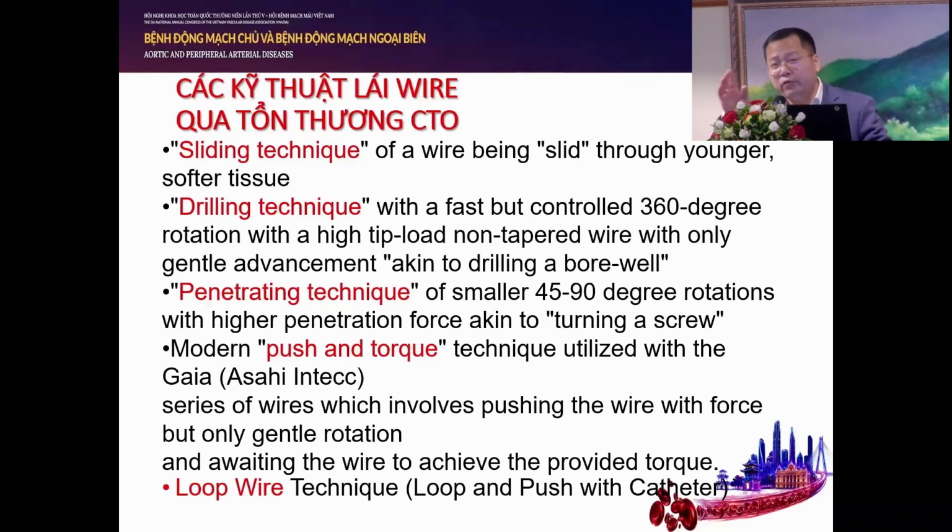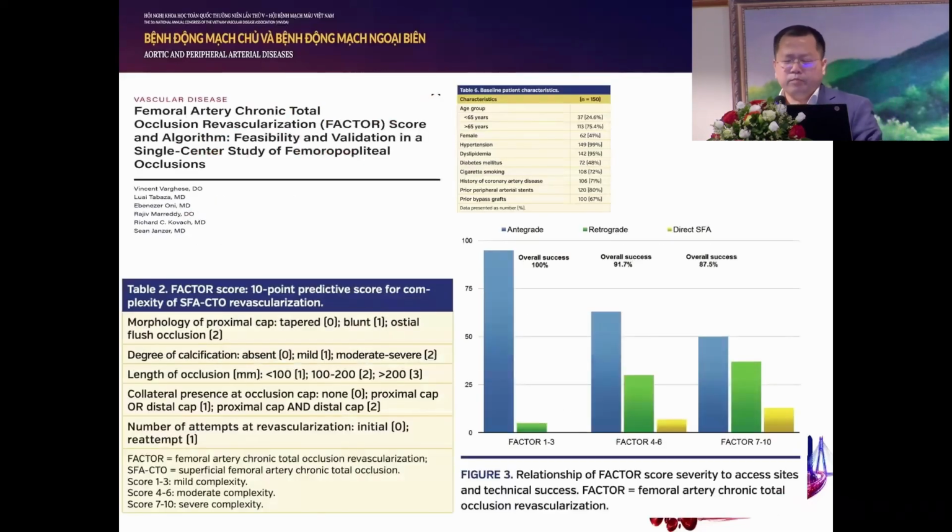But we prefer to use the loop wire technique, with a microcatheter with balloon. But the loop wire has a main problem: you can make a large dissection in the SFA.